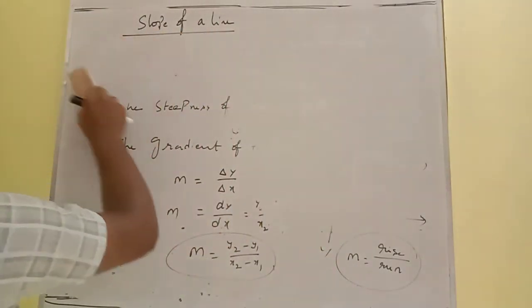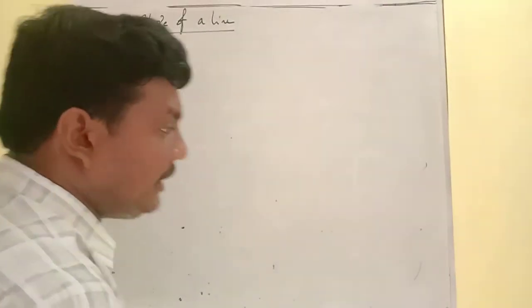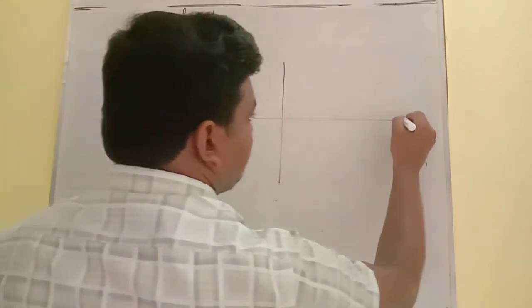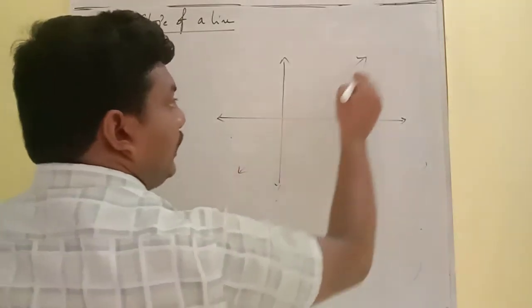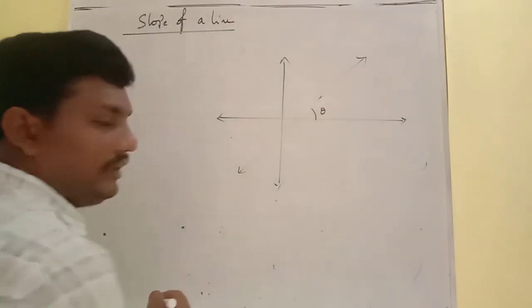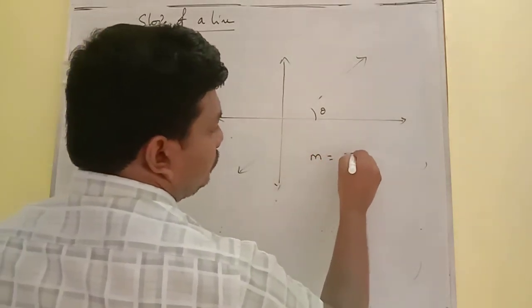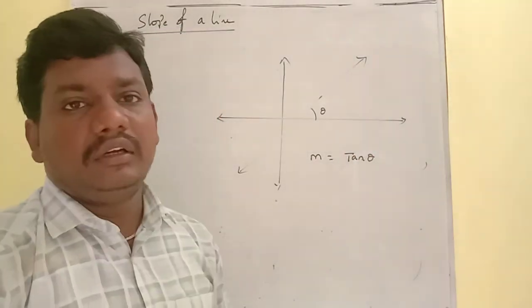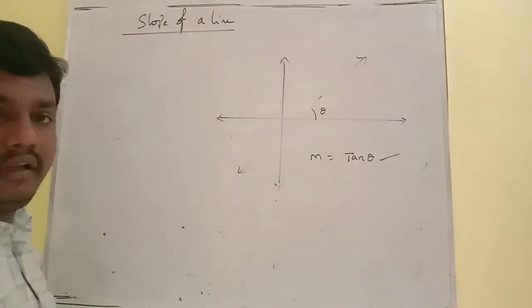If a line is making an angle theta with the positive x-axis, then the slope m is equal to tan theta. This is also called the slope of a line.